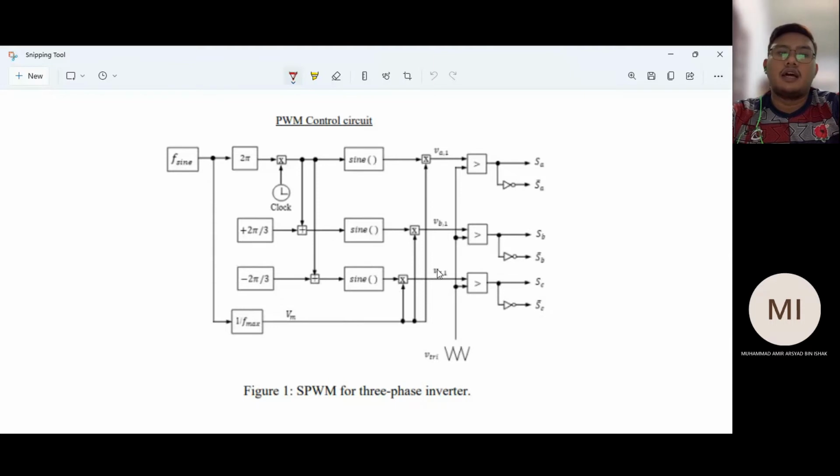With this improvement, appropriate simulation results were obtained and verified. I chose to change to the 3-phase because it can give a better result for the PWM control circuit. I think that's all for me.